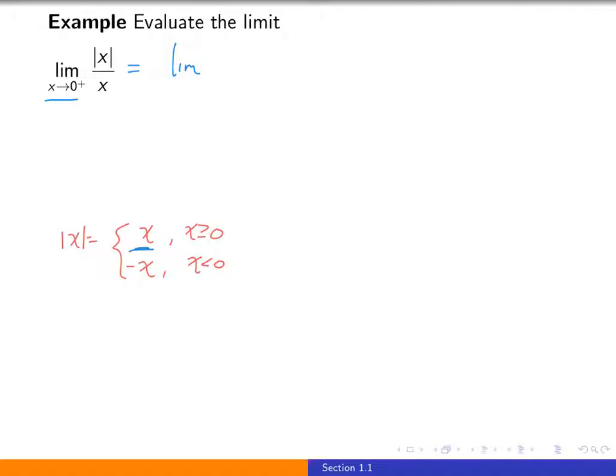So this will be the limit as x approaches 0 from the right of x over x. x over x is 1, so it's the limit as x approaches 0 from the right of 1, and the limit of a constant is that constant.